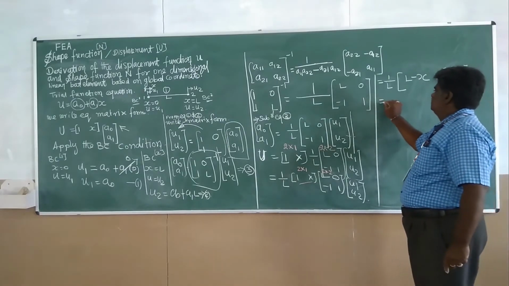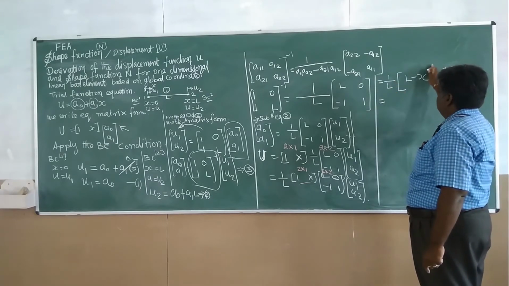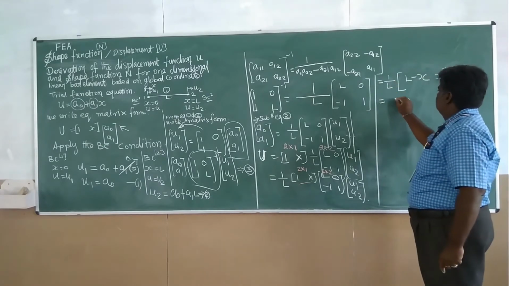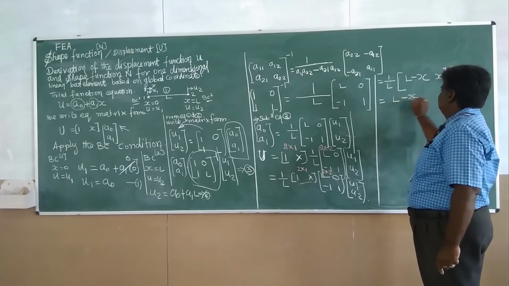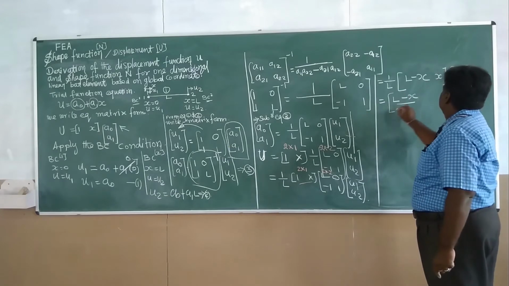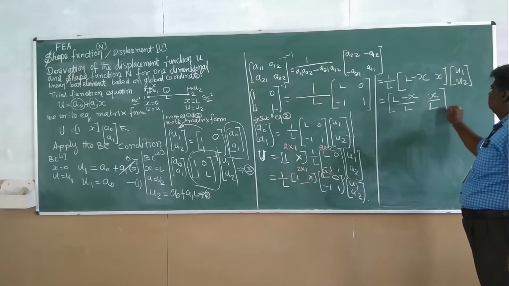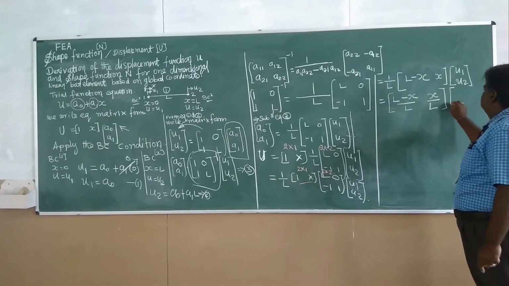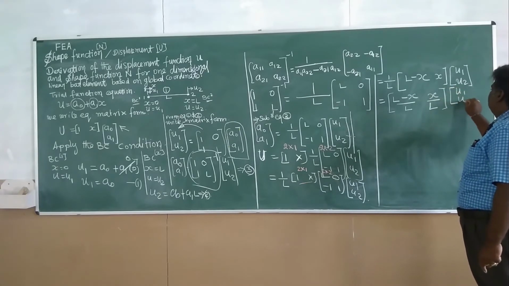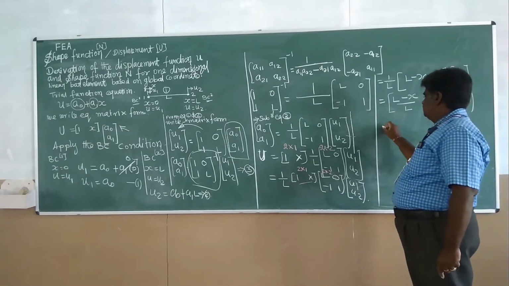Then multiplication of 1 divided by L into the 1 cross 2 matrix gives L minus x divided by L, x divided by L, times u1 u2.